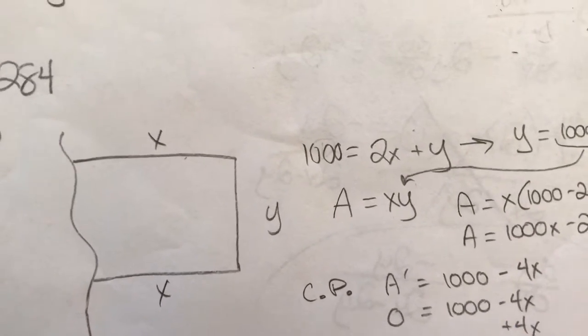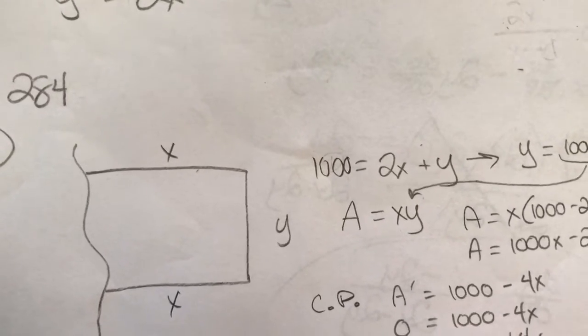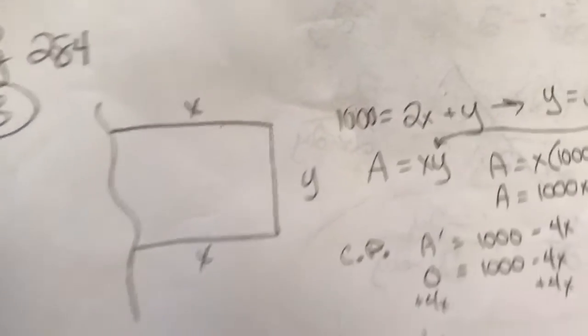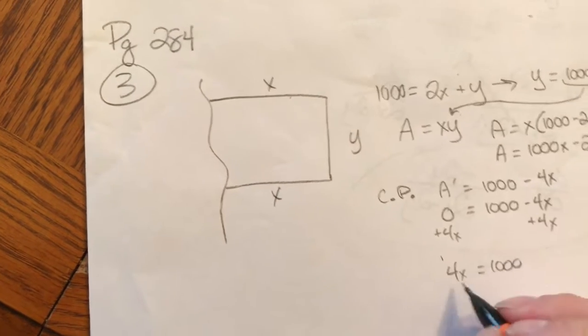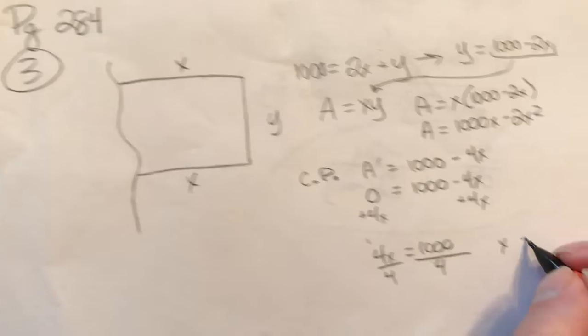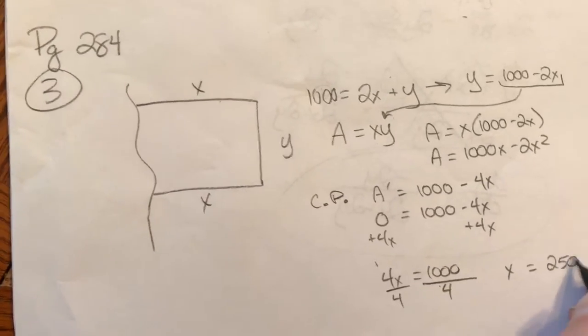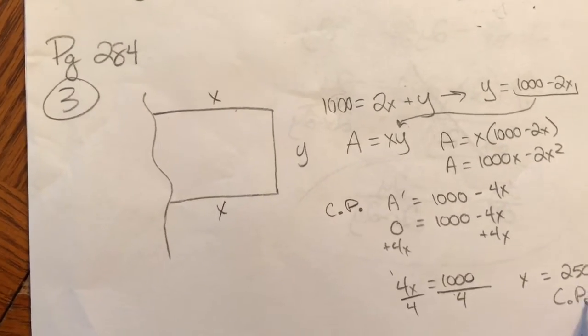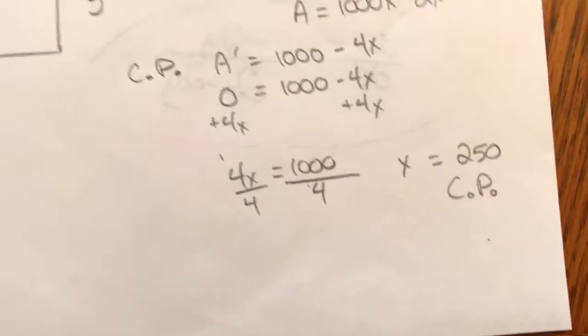If I add 4x, I get 4x equals 1,000, and x equals 250. So my critical point is x equals 250.